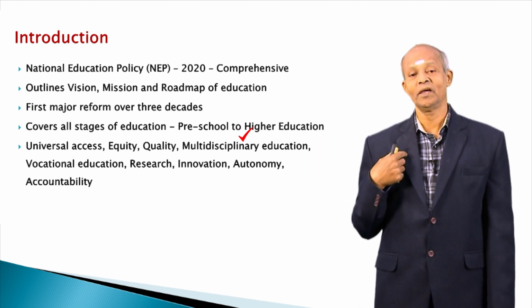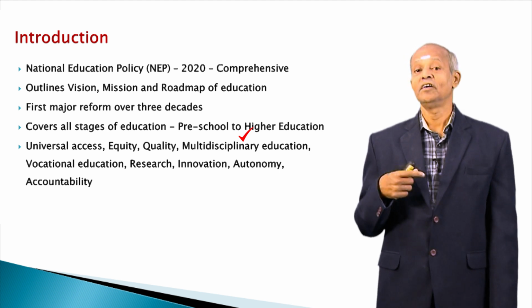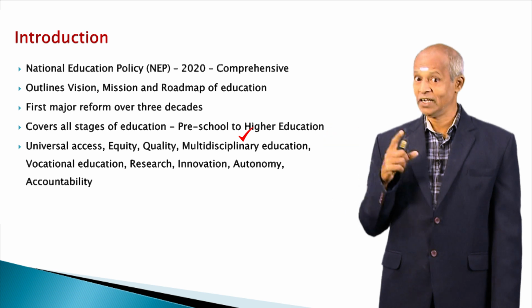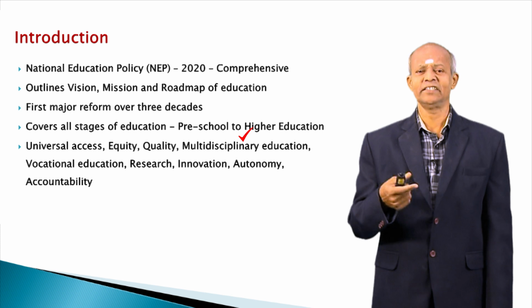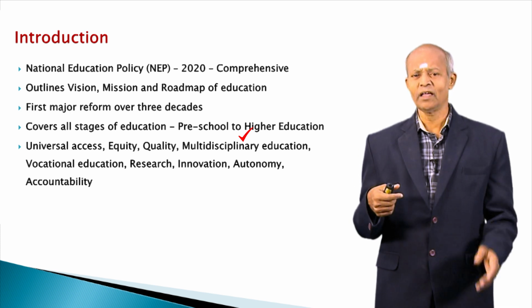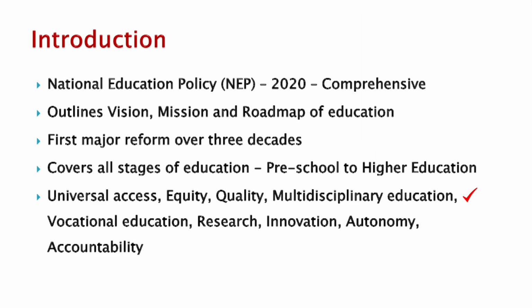For example, I may be from a physics background or somebody else from mathematics, but the policy talks about multidisciplinary. That means a graduate coming from a particular stream should have some idea about his own subject, arts, the humanities and some other fields also. That means it is not a single discipline, it is multidiscipline.